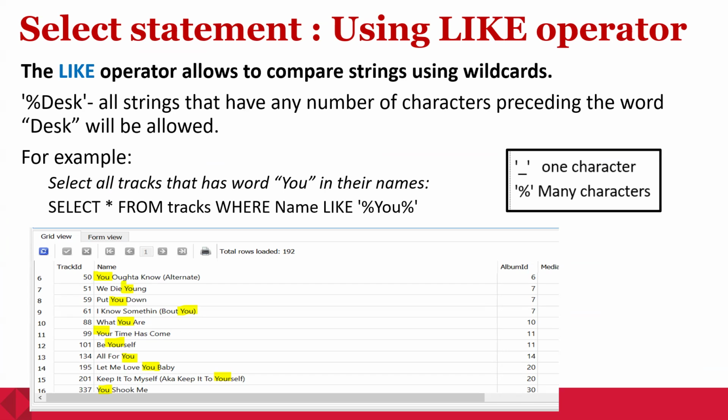For example, when we're trying to select all the tracks that have the letter u in their names, we execute select asterisk from tracks where name like percent u percent. That means all names with u will be included, regardless of whether the name starts with u, has u in the middle, or at the end. That is the like operator in the where clause. Again, a percent sign represents many characters, and the underscore represents just one.